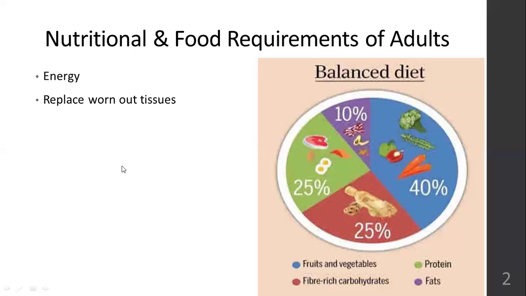The main function of nutrition in adults is not growth, but to make sure that you are able to replace your worn out tissue, which means the acceleration of cell division and proliferation takes place, so you can stay youthful.